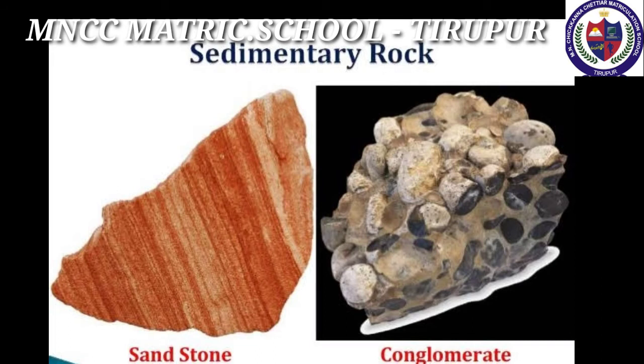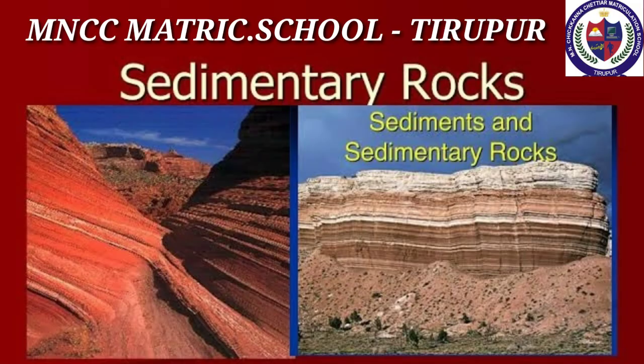Sedimentary rocks. The word sedimentary is derived from the Latin word sedimentum, meaning settling down. Sedimentary rocks are formed by sediments derived and deposited by various agents like temperature and pressure. They consist of many layers formed by sediments deposited at different periods.